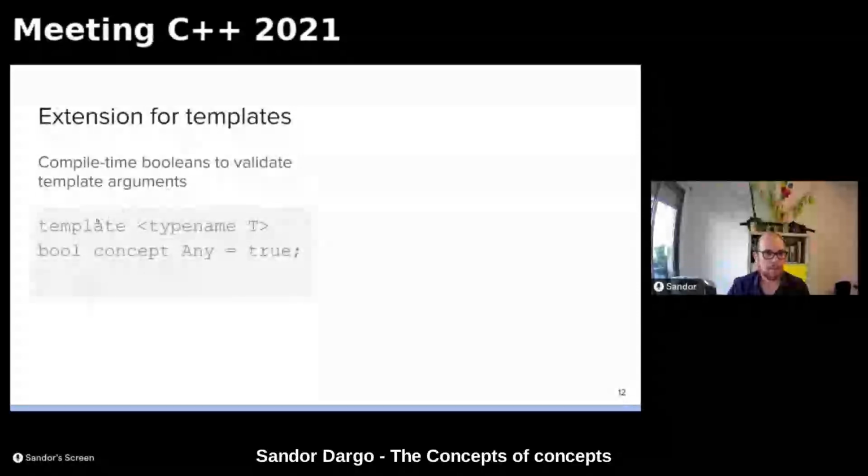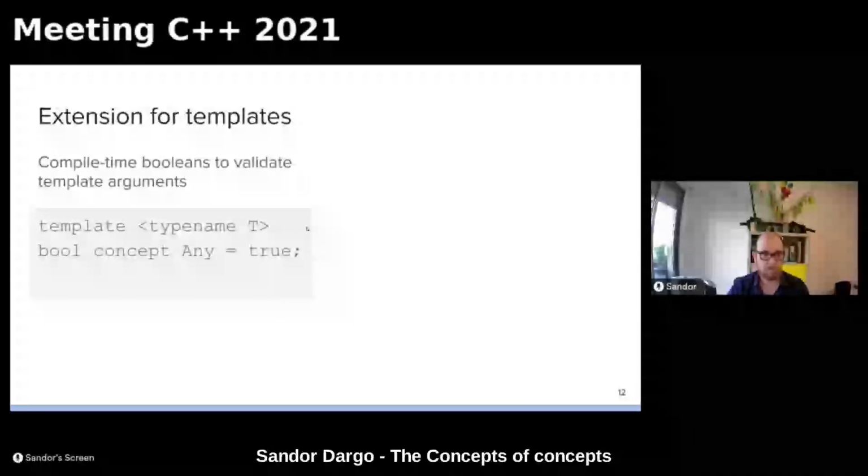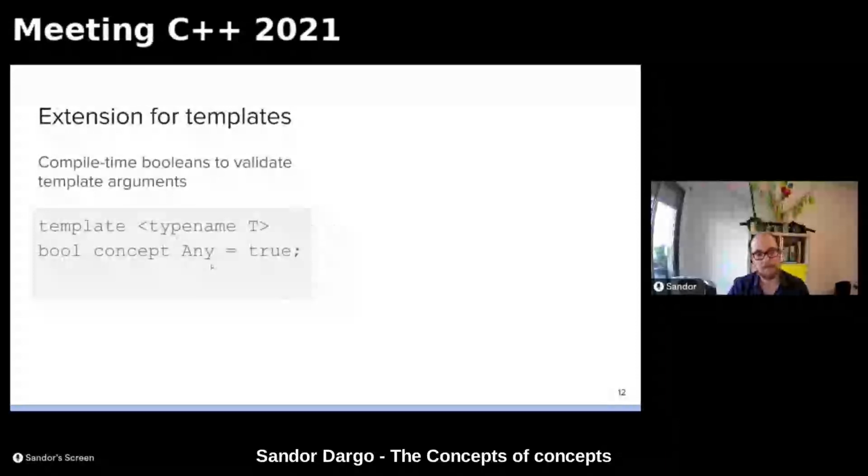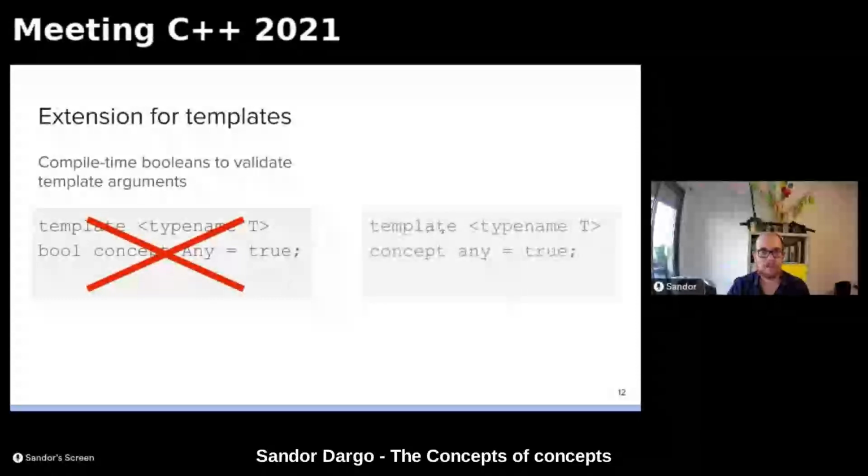And you might have seen this syntax where you say template <typename T> bool concept, and then you have the name and the expression. Well, if you saw this, this is not the case anymore. It was in the technical specification of concepts, but when it got standardized, the committee moved into another direction because they agreed that bool can be omitted, because if we all accept that it's always a compile time boolean, then we don't have to say that concept is a boolean.